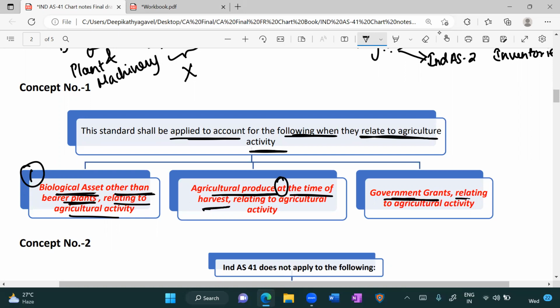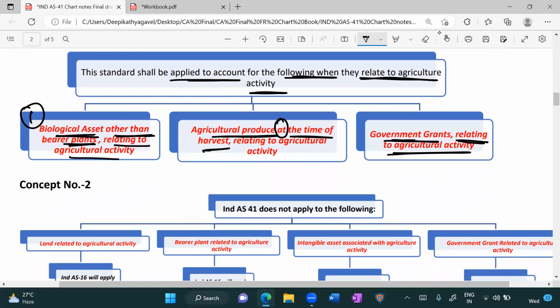Similarly, government grants relating to agricultural activities. Generally, government grants are covered under IND AS 20. But if the government grant is relating to an agricultural activity, then it will be covered under IND AS 41 itself. So the applicability of the standard is that it is applicable to any one of these three if they are related to agricultural activity. What are they?